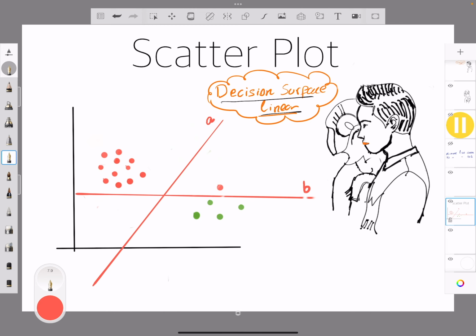The correct answer will be B, because line A will have a classification error, because the red is on the other side of all the red. So support vector machine puts first and foremost the correct classification of the labels and then maximizes the margin.